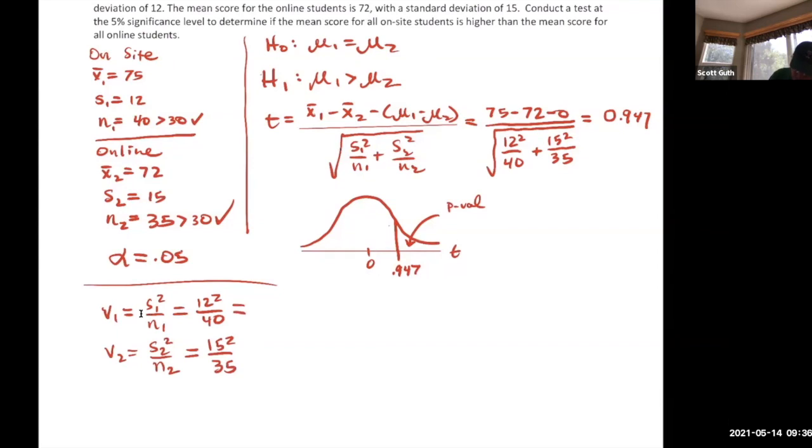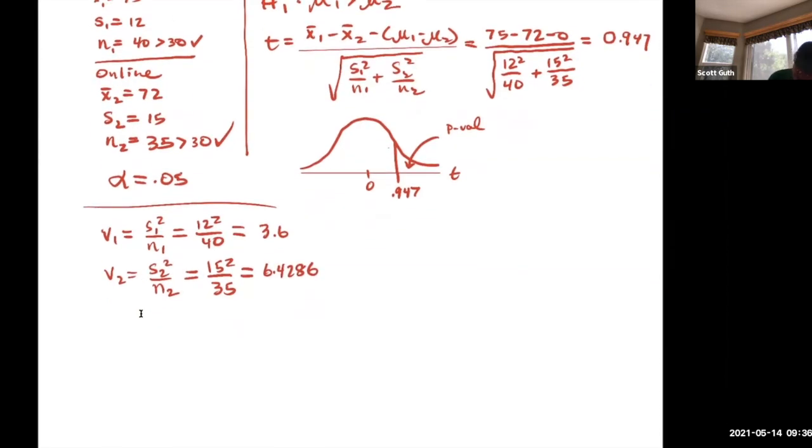Now, I kept a lot of precision on this and they're rounded. V1 is just 3.6, but V2 is a bit of a mess. It's 6.4288, 6.4286. Okay, so the degrees of freedom formula is this.